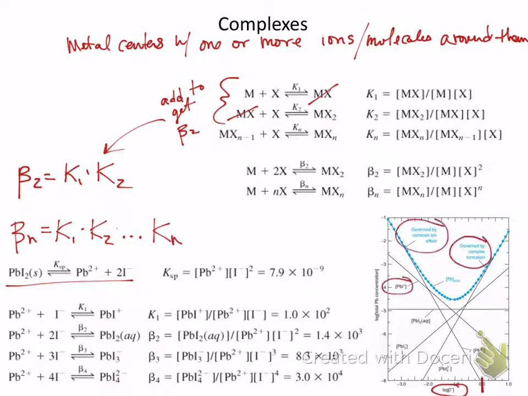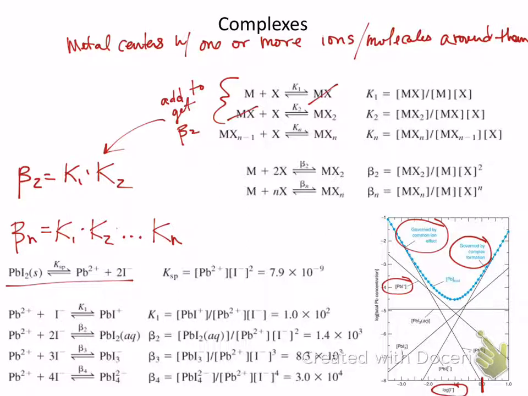And therefore, if we extend this to other sequential steps, we get beta sub n is equal to K1 times K2 times all of those K values. We can add the reactions together and multiply the K expressions to solve for new summative or sequential reactions.